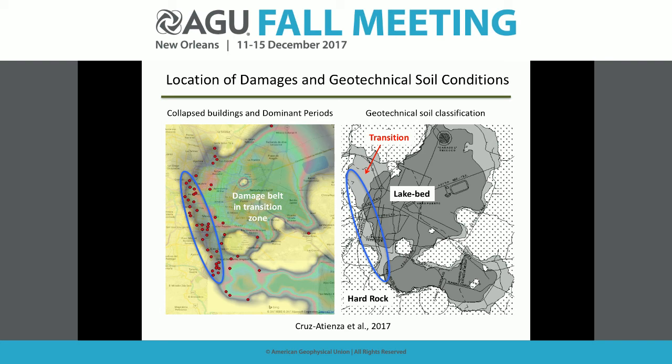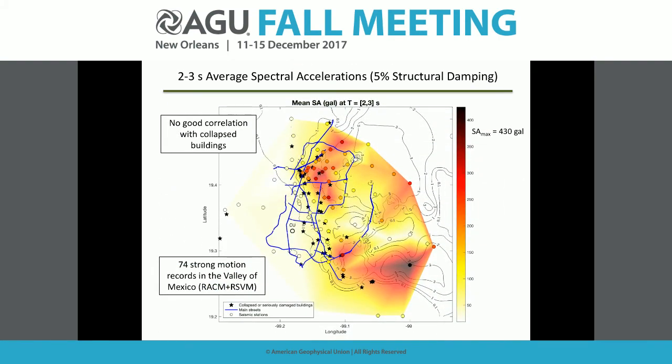So this earthquake has been recorded by more than 75 strong motion stations, most of them coming from the CIRES, Centro de Instrumentación y Registro Sísmico, and some others from the Institute of Geophysics. And so this is the result of the data they provide us.